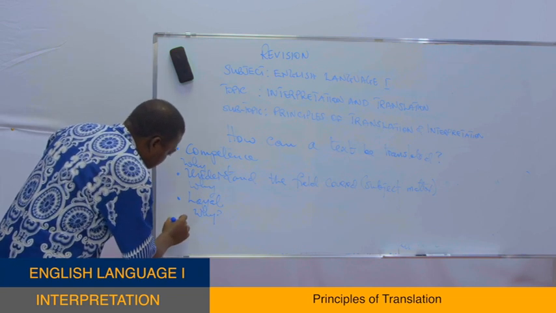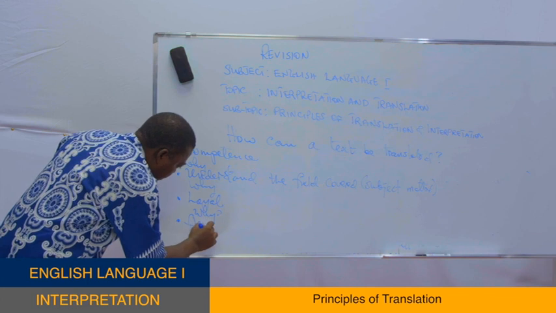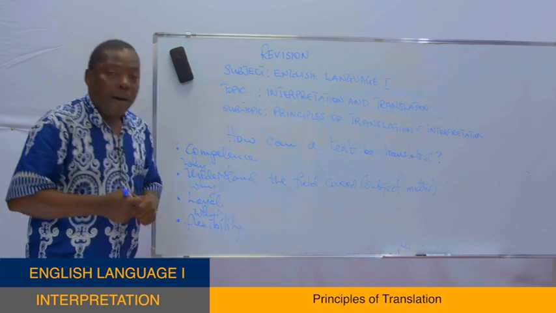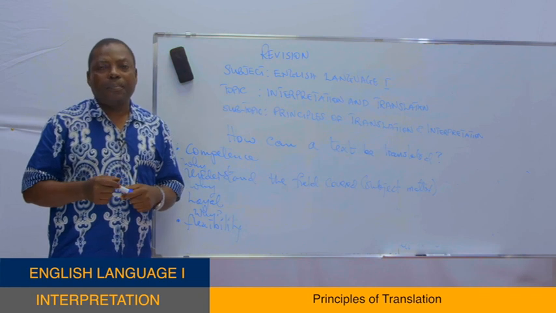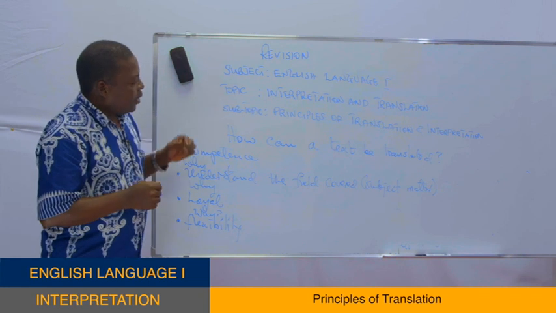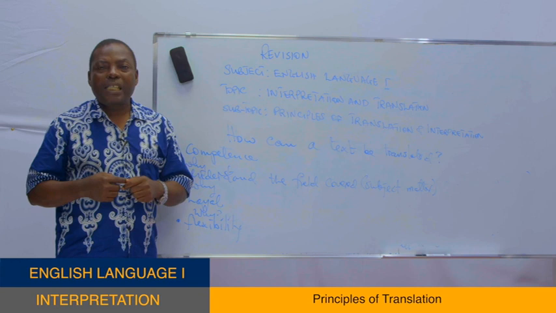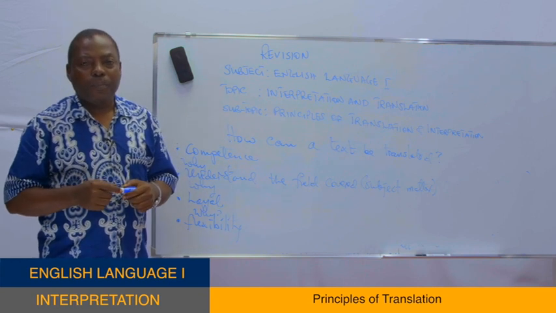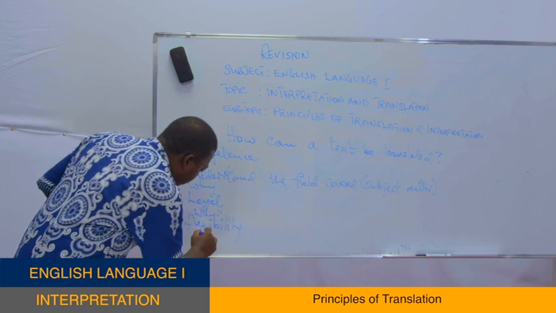Number 4. Flexibility. That the interpreter and or the translator has to be flexible. Why flexible?